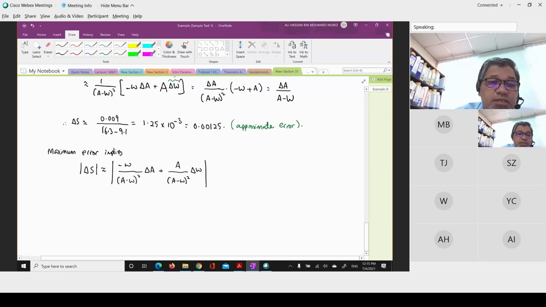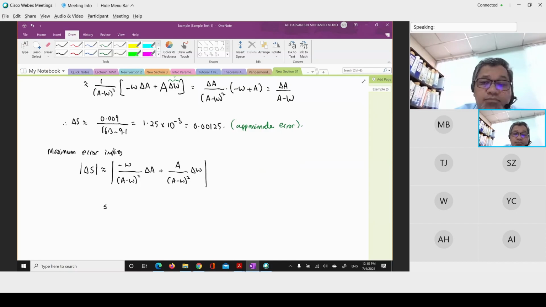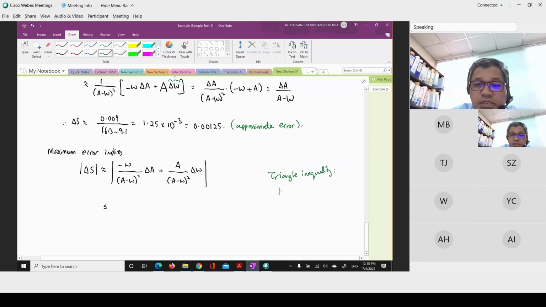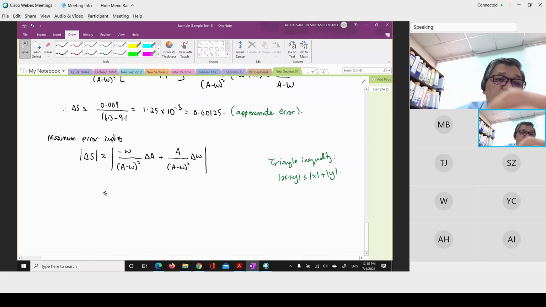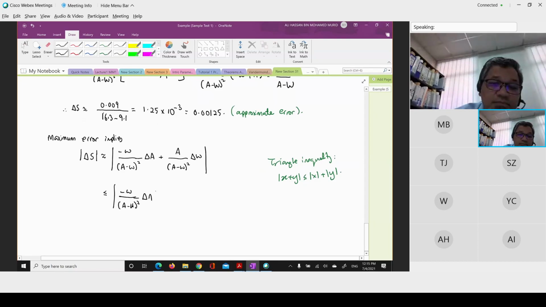And this is by the triangle inequality. Remember the triangle inequality? The modulus of x plus y is less than or equal to modulus x plus the modulus y.